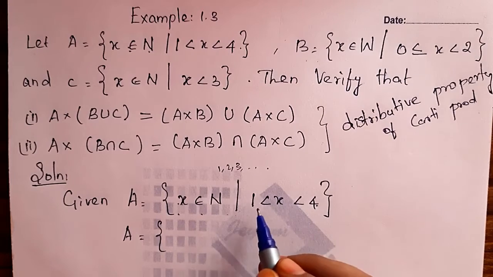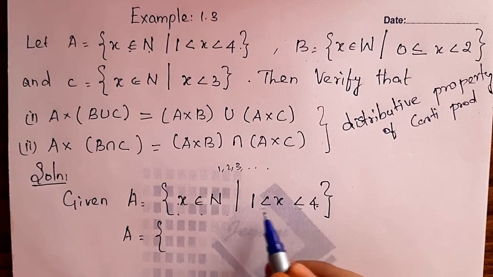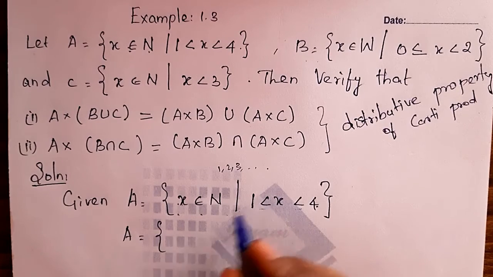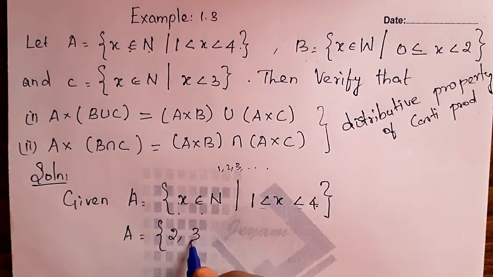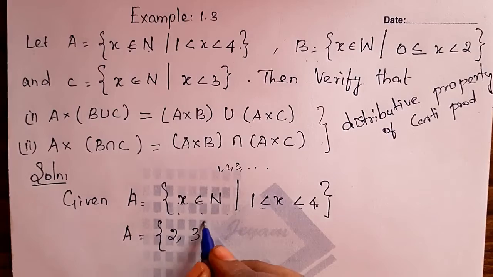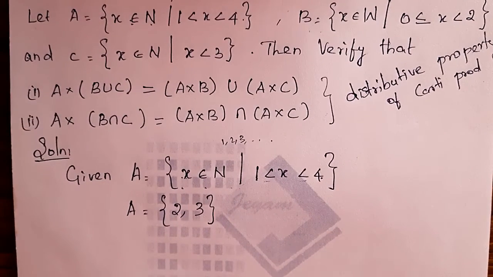But you should not include 1. If there is equal to, you can include 1. If there is equal to, you can include 4. But there is no equal to, they just gave less than. Okay. So the next numbers are 2, 3. Do you need to include 4? No need. Okay. That's all. We found A. Next we can find what is B.